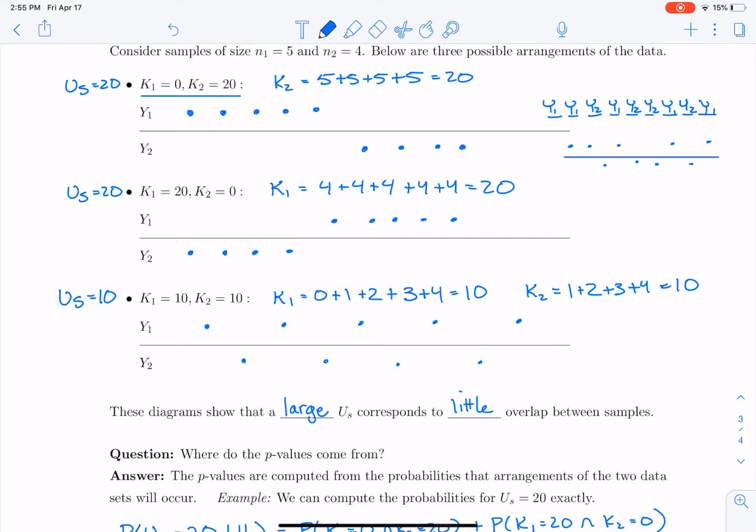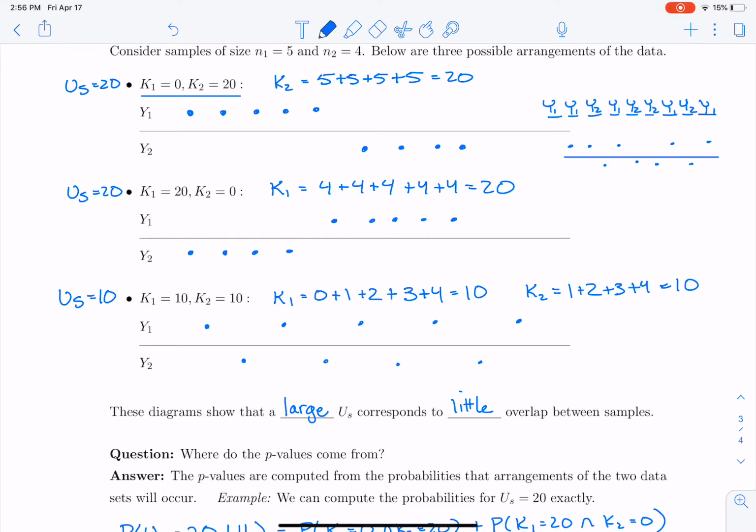So I'm asking, if I have 9 objects total, how many ways can I arrange them so 5 of them are in one group and 4 of them are in the other? You should remember this kind of problem from counting.